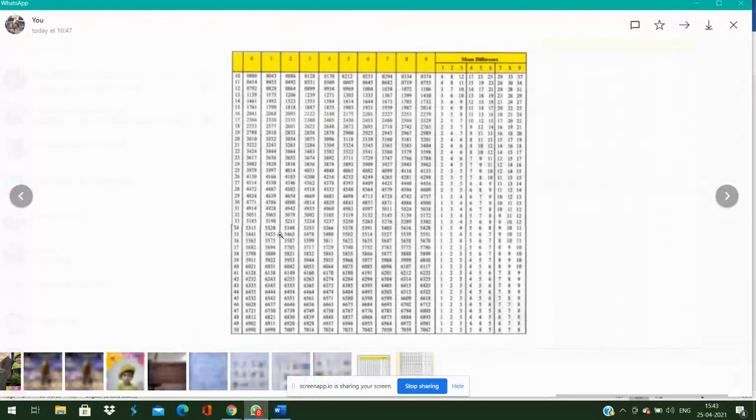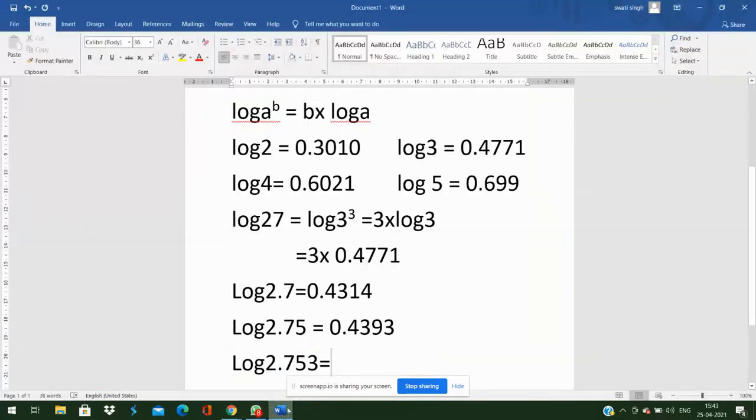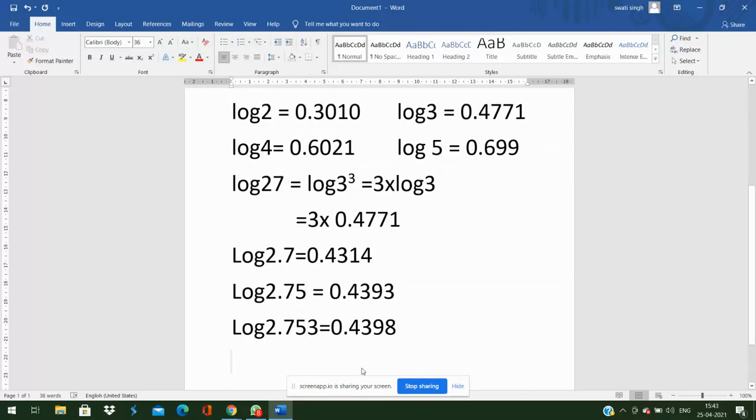On this line we move towards the mean difference value, and at 3, 5 is given. So this 5 will be added to the last digit. It is 0.4393 for log 2.75. For the last digit 3, 5 is added, so it will be 0.4398. It's very easy.